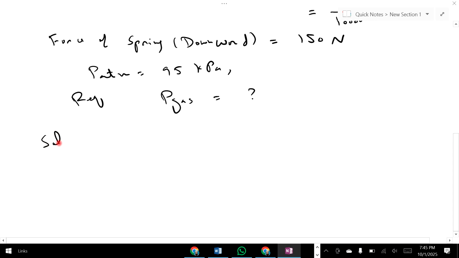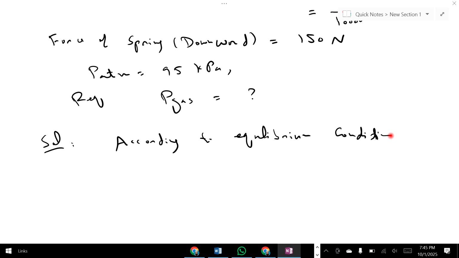Solution: according to equilibrium condition, downward forces will be equal to upward forces.